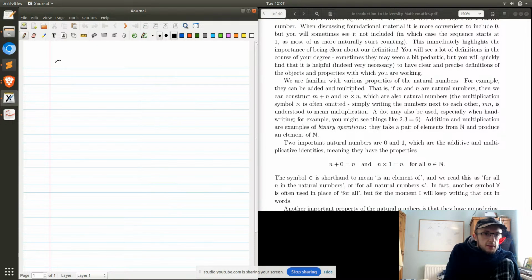2.3 like that equals 6. This is probably just a typographic error because of course this looks like 2.3, which is a decimal number. Instead, the dot goes in the middle of the line like this. And we call that dot interpunct.